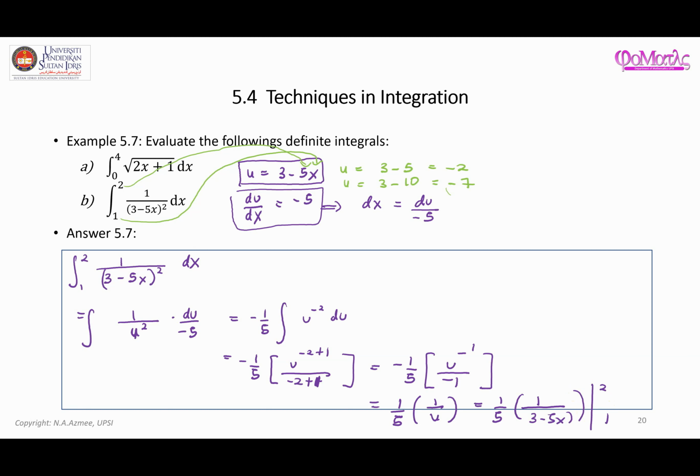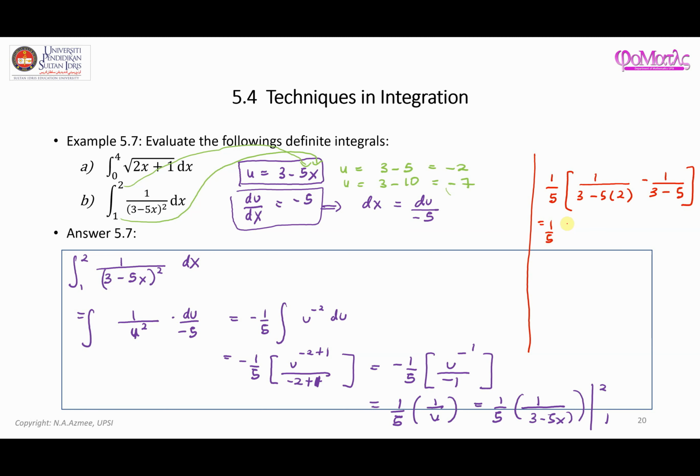Therefore we have 1 over 5, times 1 over 3 minus 5 times 2, minus 1 over 3 minus 5 times 1.